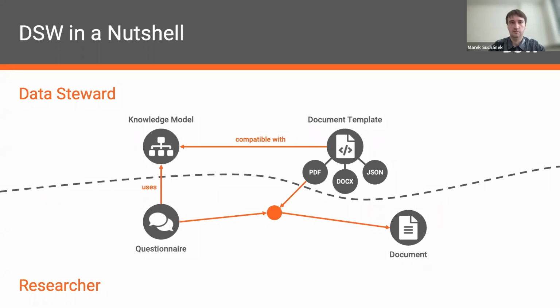Then the researcher, the regular user, creates the questionnaire using the knowledge model, and at any point they can select one of the compatible document templates and generate the document. This is again a bit different from other tools. So here you can create a questionnaire, then decide to generate a Horizon Europe DMP, but at any point you can also generate Science Europe or, for example, a machine-actionable DMP in JSON from the same questionnaire with the same replies.